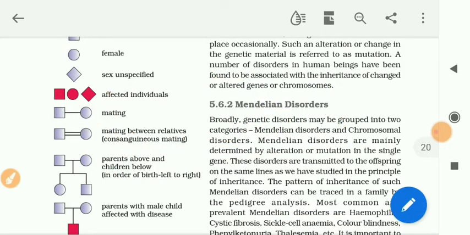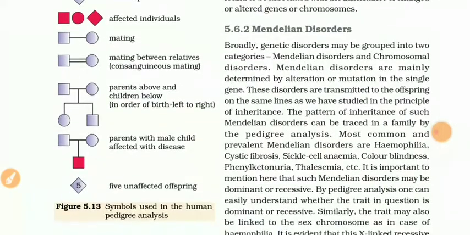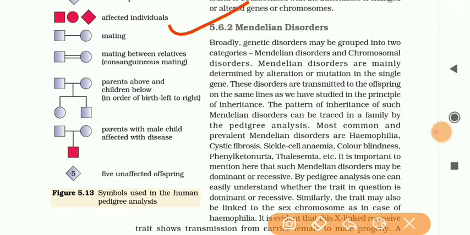Next point is Mendelian disorders. Broadly, genetic disorders are classified into two categories: Mendelian disorders and chromosomal disorders. Mendelian disorders are determined by the alteration or mutation in a single gene.